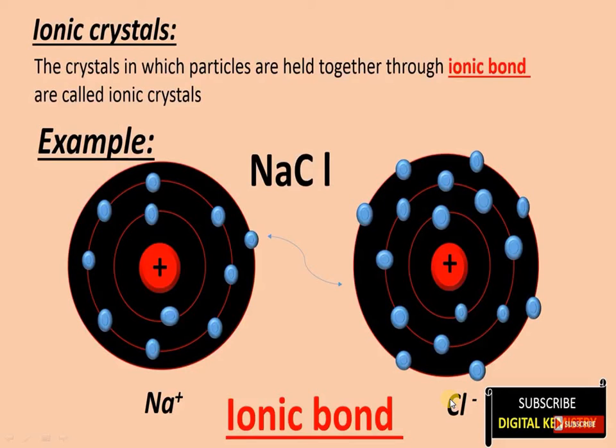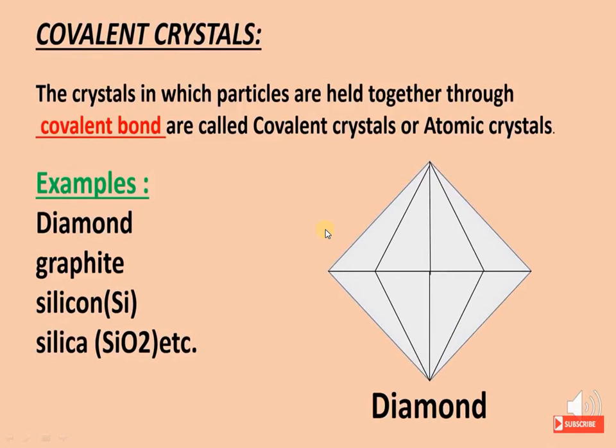In this diagram, sodium is transferring its one electron to chlorine, as a result of which ionic bond is formed.